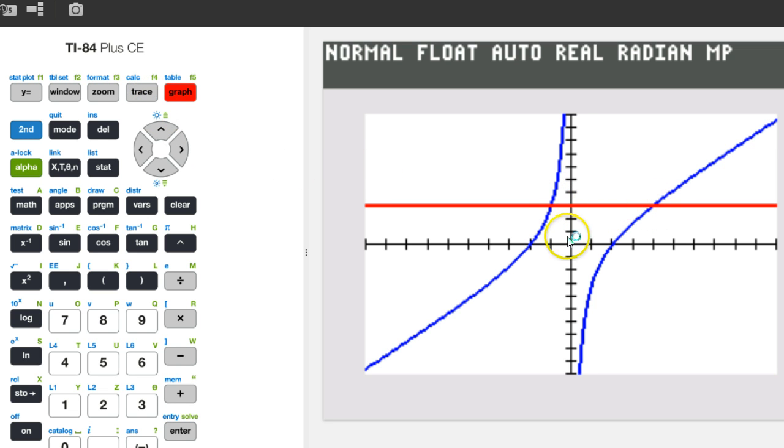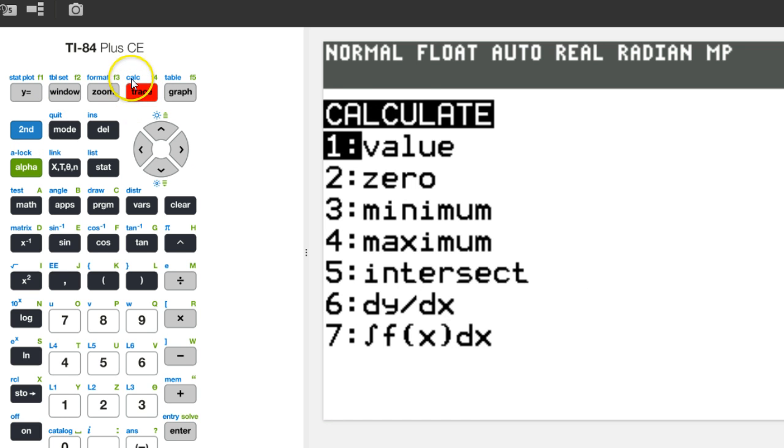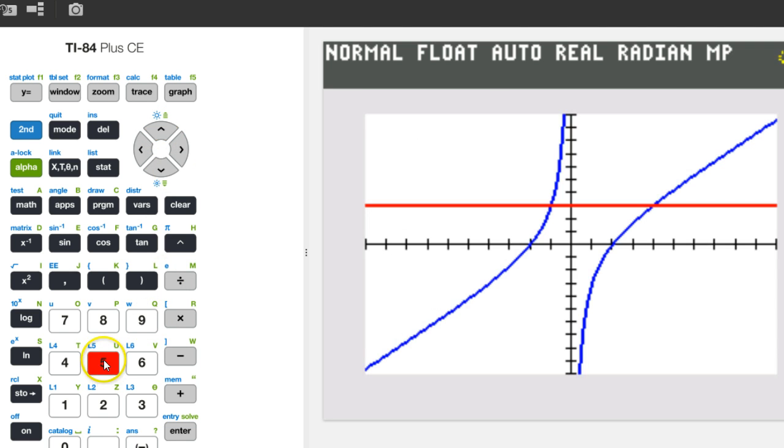The calculator will find it precisely if I use one of the functions under the calculate menu. So I will hit second trace to access the calculate menu, and I want intersect. Now I could either scroll down to intersect and hit enter, or I could just type the number 5.